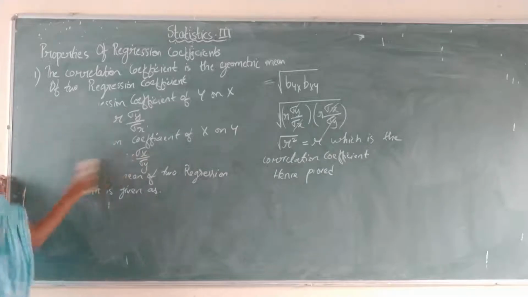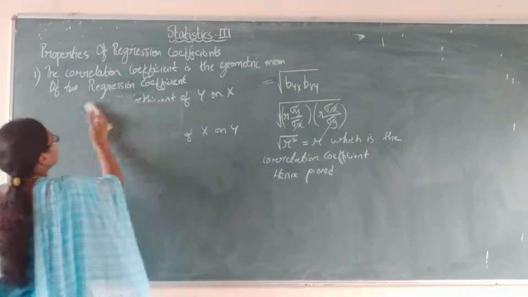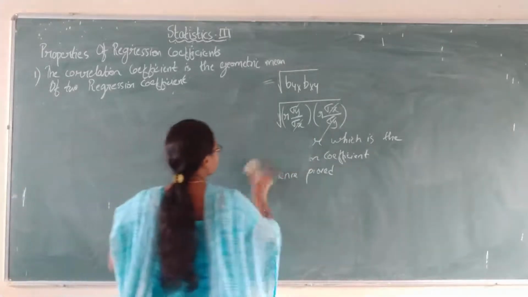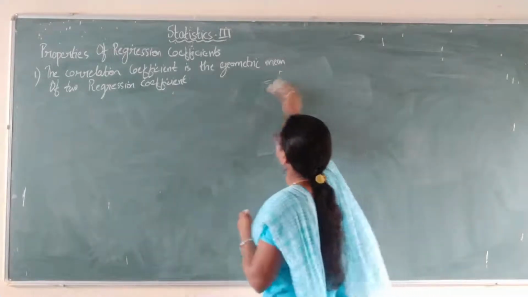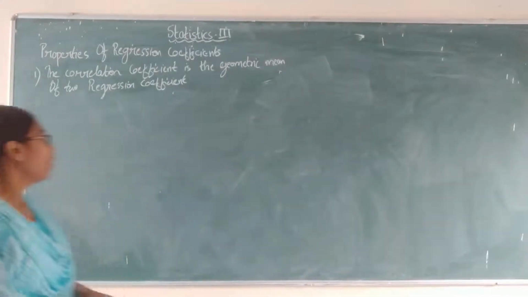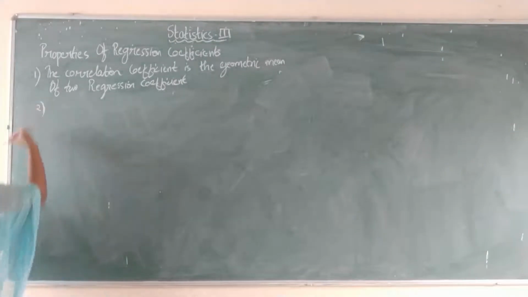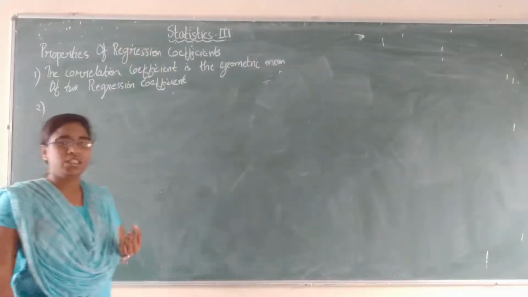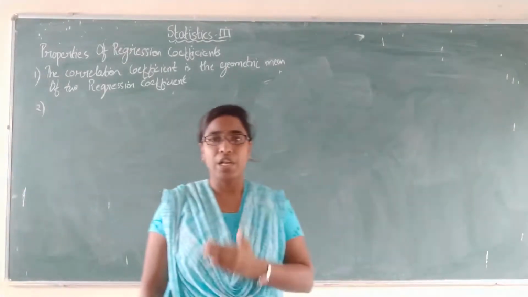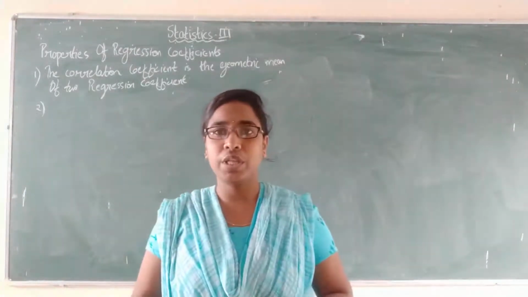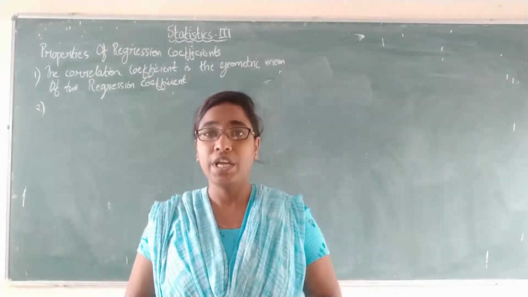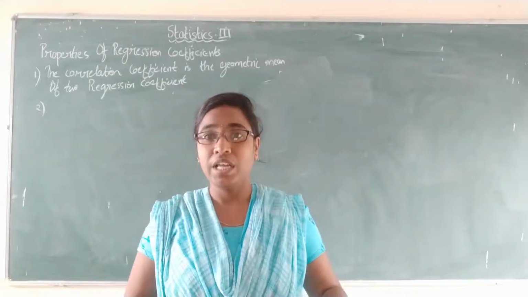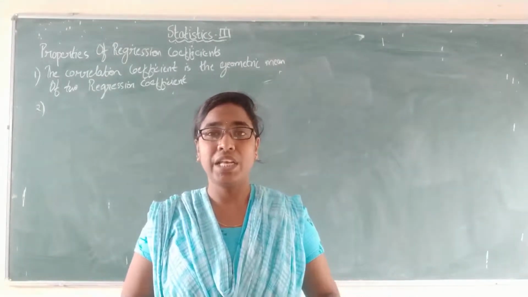Now we'll go to the second one. So second property is we have two regression coefficients, right? That is Byx and Bxy. So what is the condition here? If one among the Byx and Bxy is greater than 1, then the other value will be less than 1.